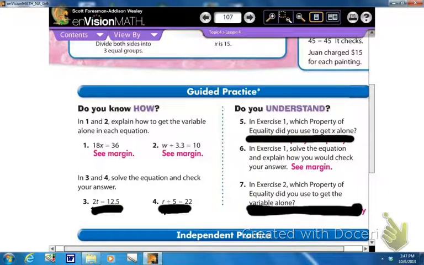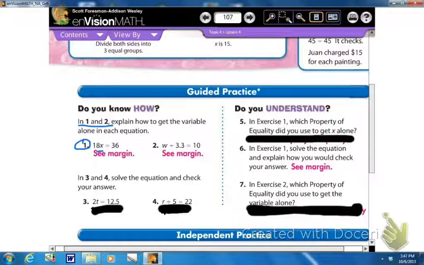Okay, your homework for tonight is to do all of the guided practice. Okay, so look at what it's asking you first. So the first part says in 1 and 2, explain how to get the variable alone in each equation. So what are you going to do in number 1 so you have x alone?